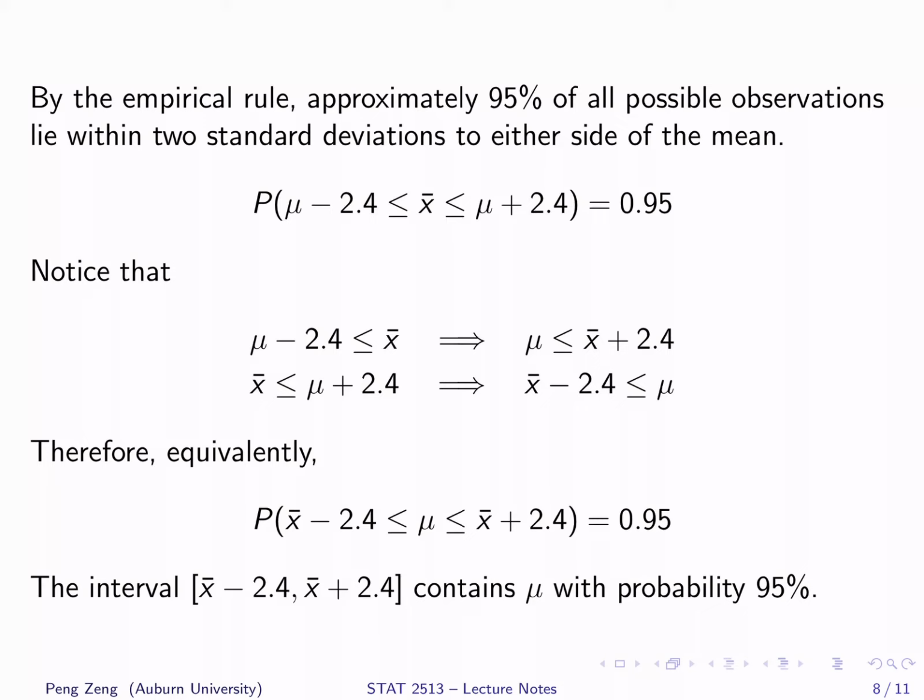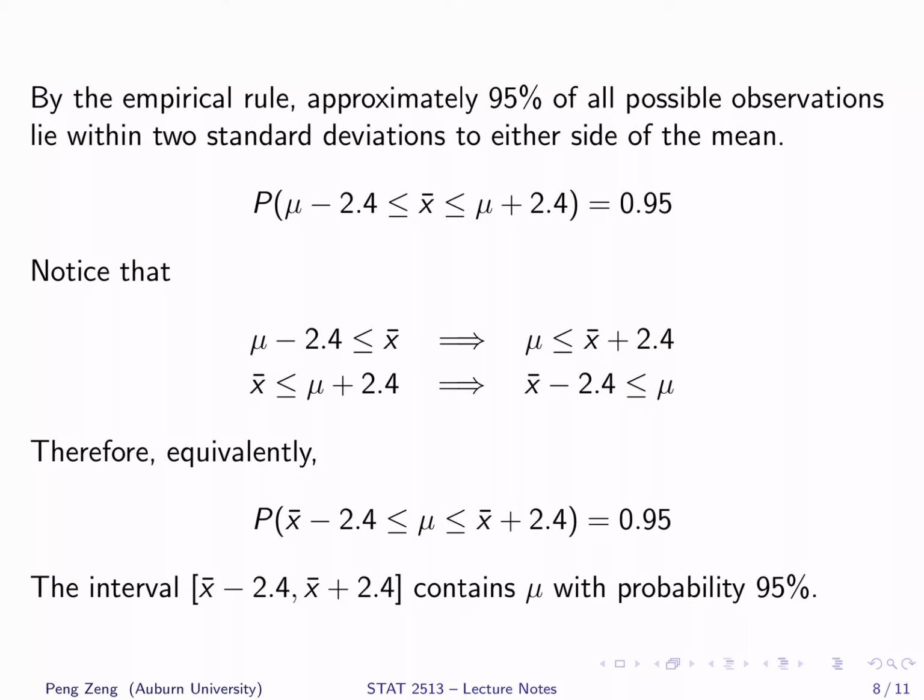Pay attention to the inequality in the parentheses. For the left part, mu minus 2.4 less than or equal to X bar is equivalent to mu less than or equal to X bar plus 2.4. Similarly, for the right part, X bar less than or equal to mu plus 2.4, which is equivalent to X bar minus 2.4 less than or equal to mu.